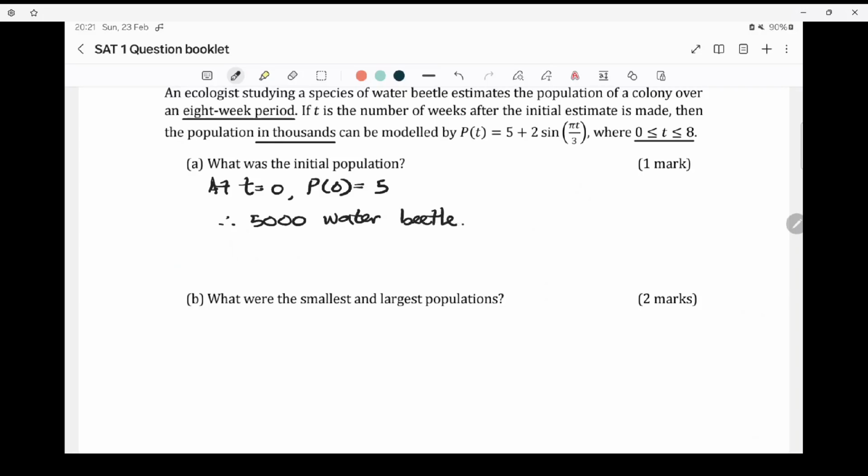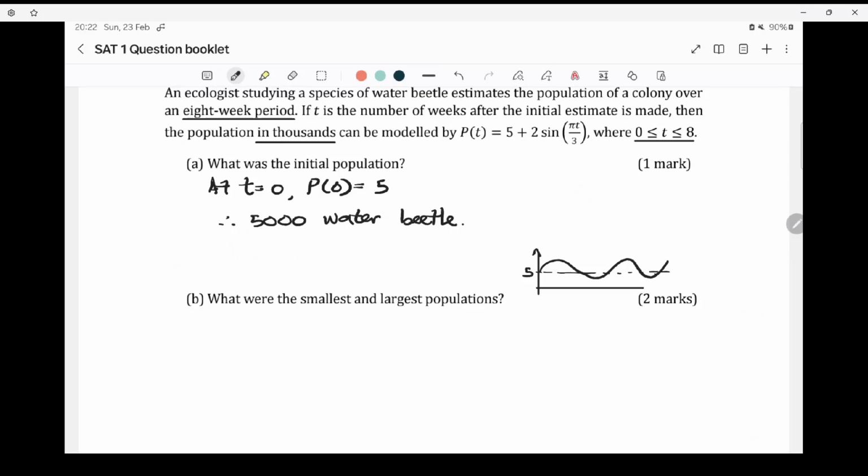So what were the smallest and the largest population? Then you need to think about when you would get to the highest, and when you would get to the lowest. So your graph basically looks like this. This will be somewhat like your graph, and over here will be 5.